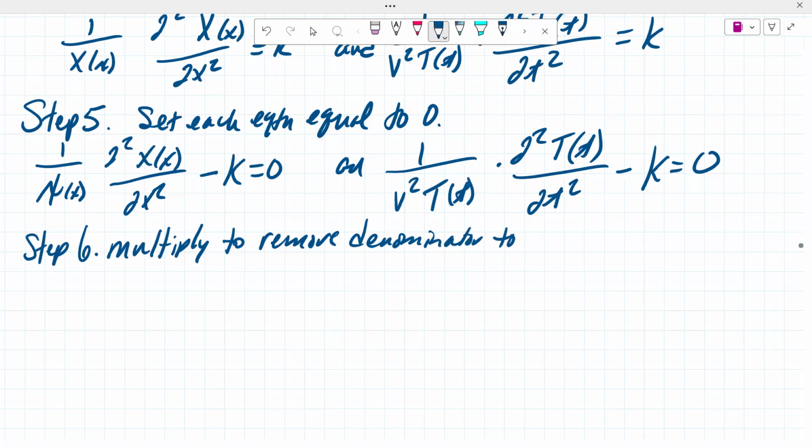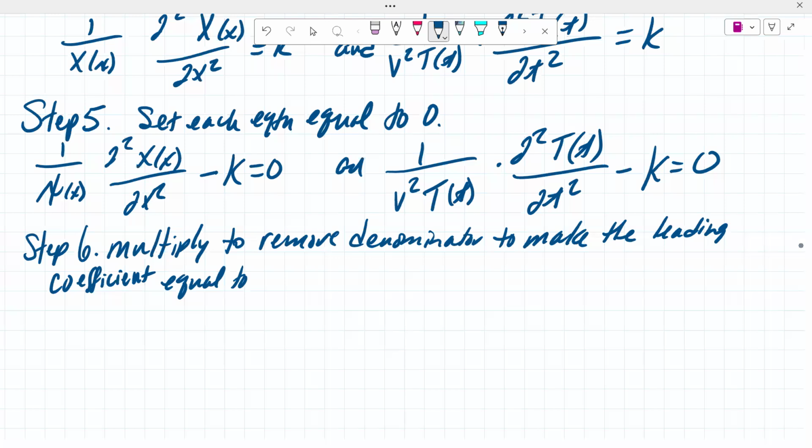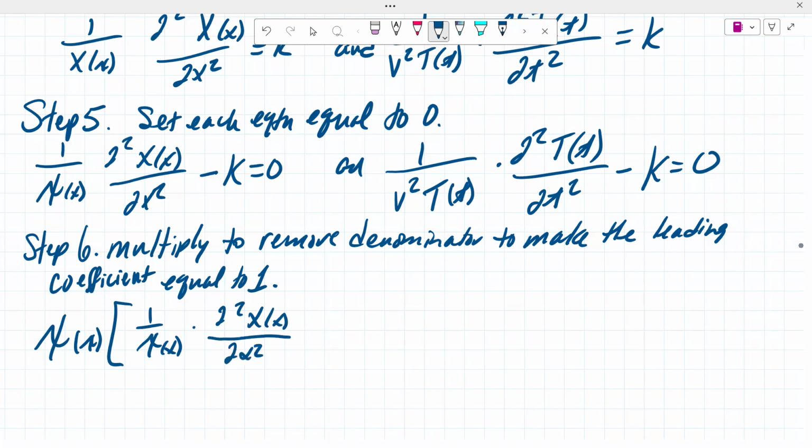Step 6, multiply to remove the denominator and make the leading coefficient equal to 1. All right. So in this equation, what that means is we need to multiply out by X of x times the whole thing: 1 over X of x times d squared X of x over dx squared minus k equals 0.